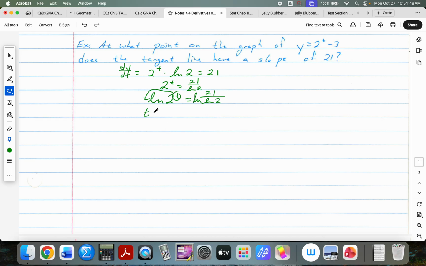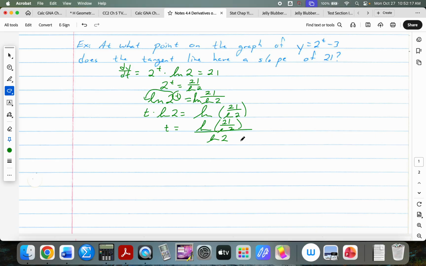So that'll be t times the natural log of 2 is equal to the natural log of 21 over the natural log of 2. So then t is equal to the natural log of 21 over the natural log of 2 all over the natural log of 2.